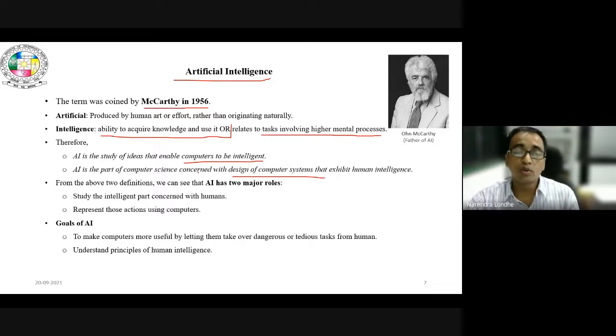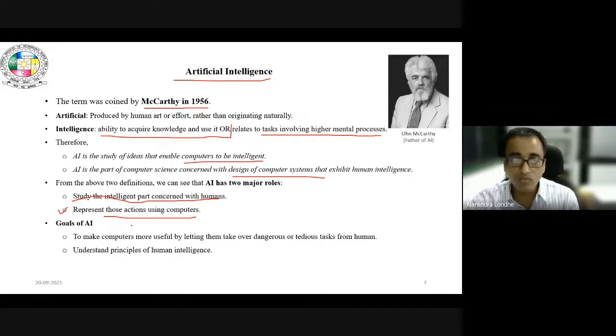So from the two definitions, these are the major roles that you need to understand. The first role of human beings while designing artificial intelligence is to study the intelligent path concerned with humans. The second part is to represent those actions, that human intelligence, using computers. Those are the two main things that we need to perform for developing artificial intelligence.